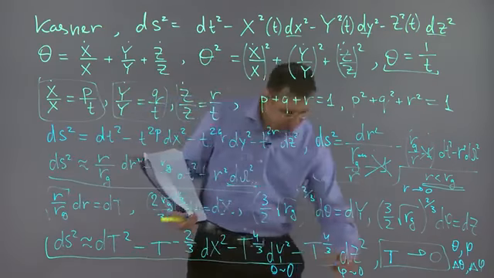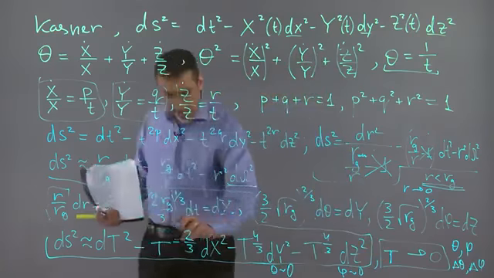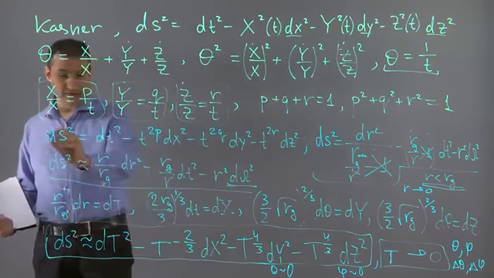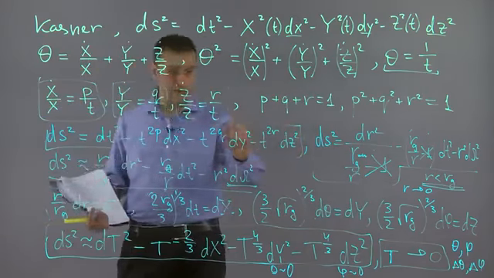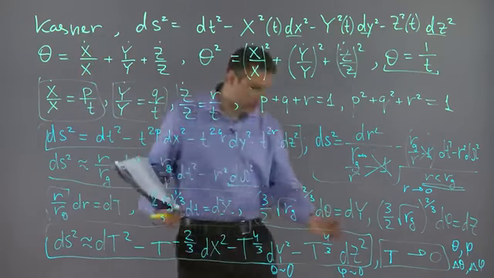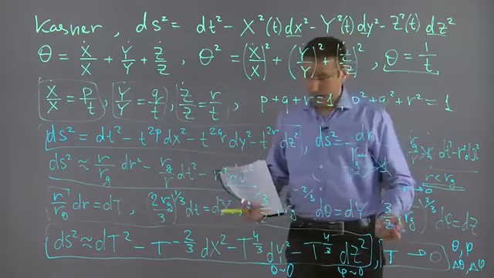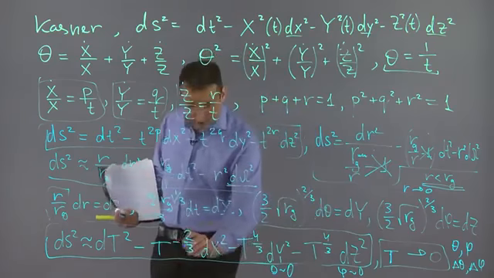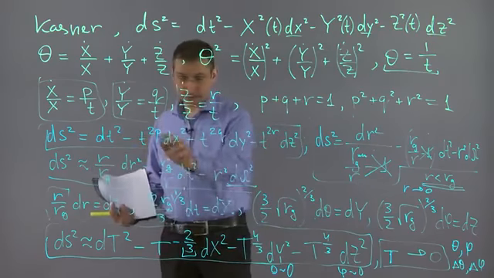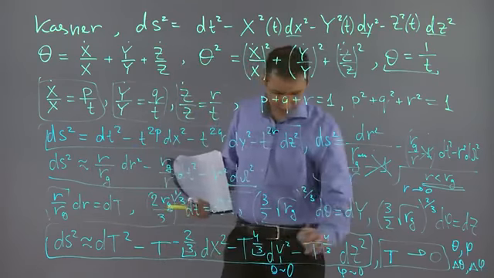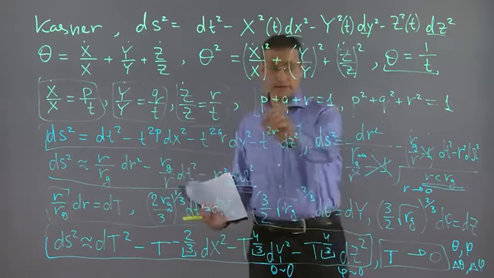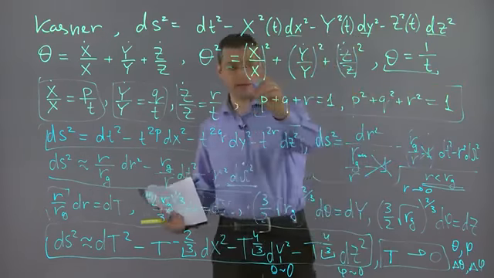And now one can see that this metric is exactly of this type, with the only difference that t is going to 0. And we have concrete values of p, q, and r as follows from here. And they do indeed obey this condition.